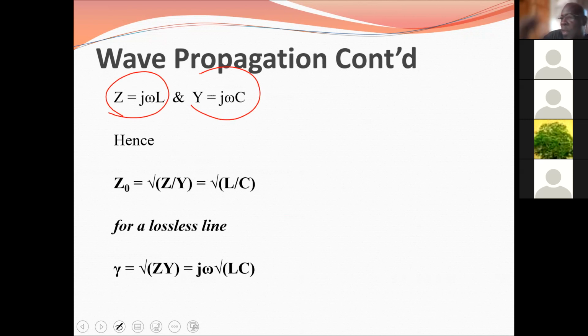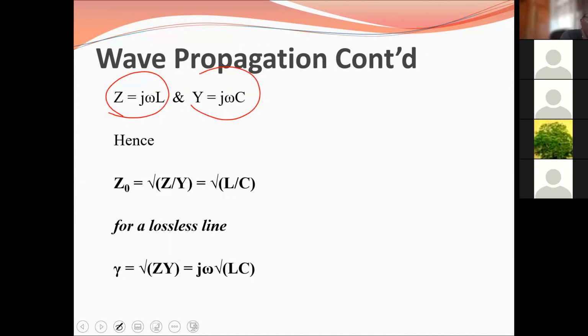Remember now, Y is equal to 1 over Zc, and Zc would be 1 over omega C. Looking at the modulus, it would be minus j over omega C, but it is actually j omega C, because the minus would give us back the j. Anyway, we don't have time for networks right now.